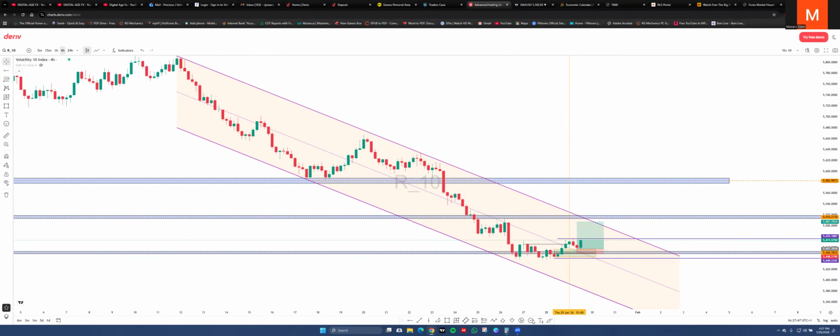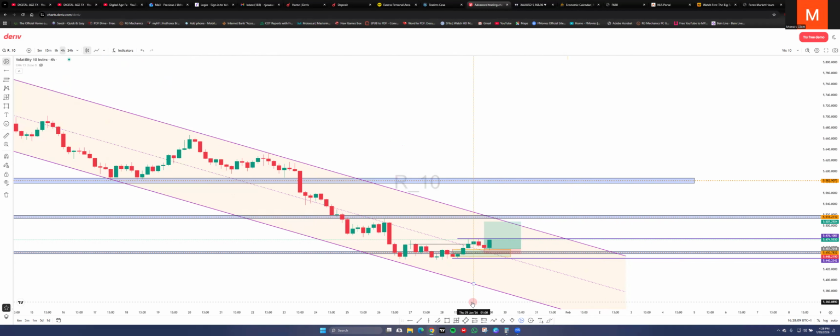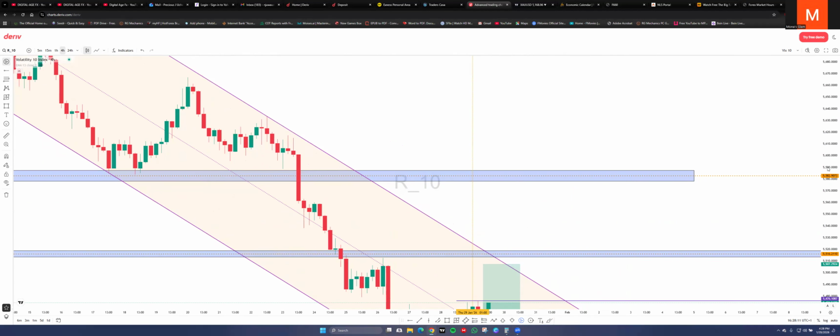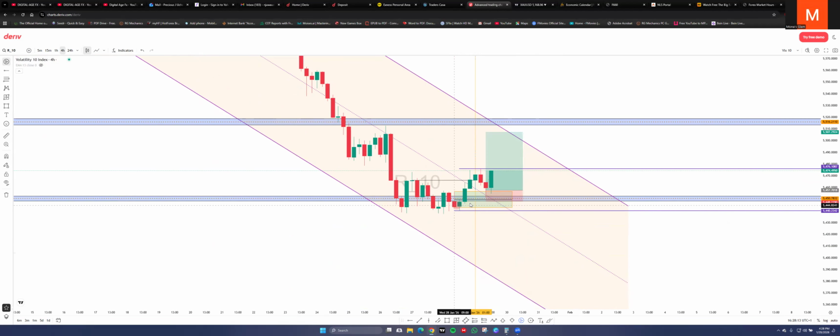Let me use this to point it out. If you see where my mouse is running down through, there was a reaction here, a break and a reaction before a break. There was another reaction here and a couple of candle reactions there. Now currently we have a reaction on that same area here.